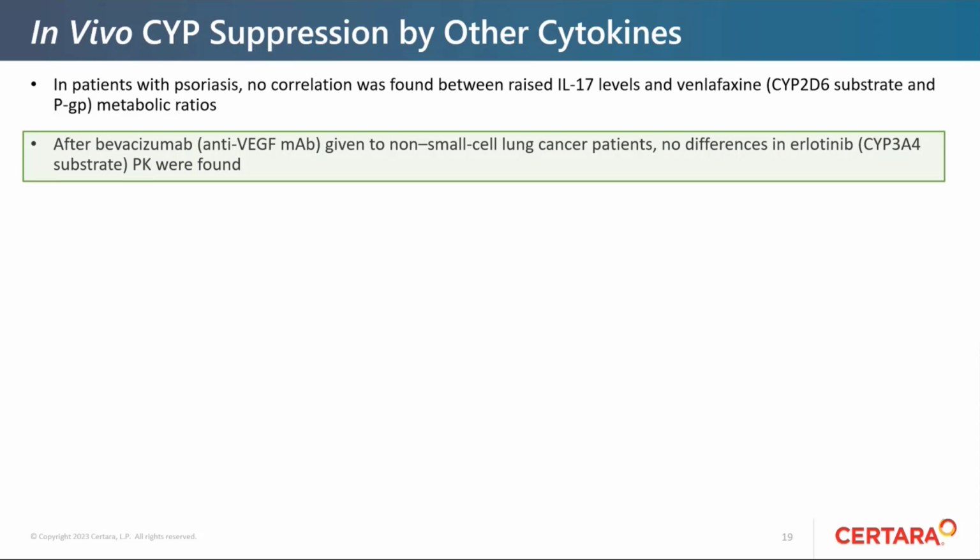And bevacizumab, which is an anti-VEGF mAb, was administered to non-small cell lung cancer patients with erlotinib, and the exposure of both drugs was compared with that in patients receiving each drug alone. And there's no difference found in erlotinib PK when bevacizumab was co-administered, suggesting that VEGF probably does not have a suppressive effect on CYP3A4.